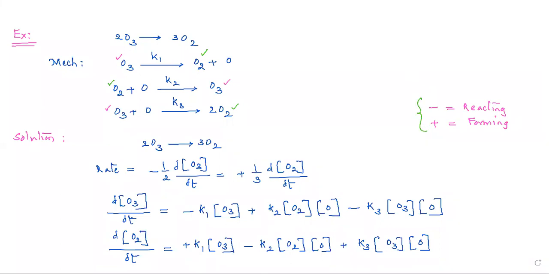Okay. Now, considering the steady state, see at steady state, as we know, the concentration of the intermediate by dt is given as equal to 0.